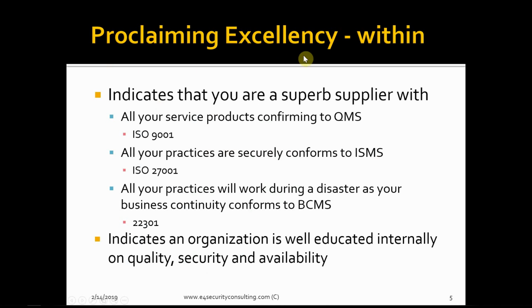Proclaiming excellence indicates that you are a superb service organization, with all your products or services conforming to QMS, ISO 9000, meaning all your products and services that you provide are fortified with a quality process. Okay, so you follow quality principles that go into your implementation of whatever you do 9 to 5 in your organization.